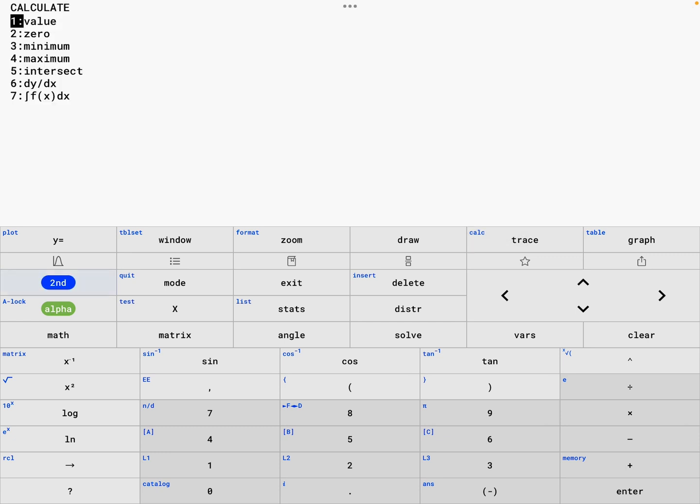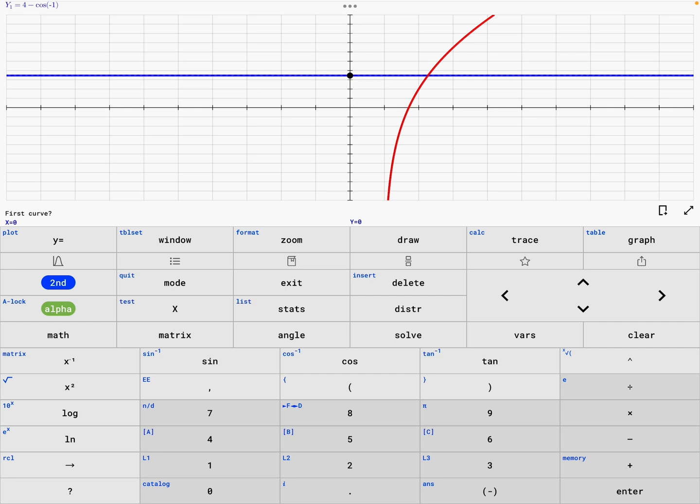So you can click that right there, and then you have the option down here to find the intersection. So go down to it, click enter, and it's going to say first curve. Move the cursor over to where the intersection is closely occurring, it doesn't have to be exact, click enter, and it should move the dot to the second curve, and you're going to do the same thing.